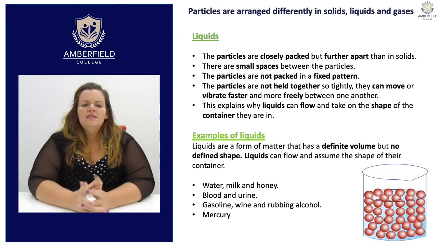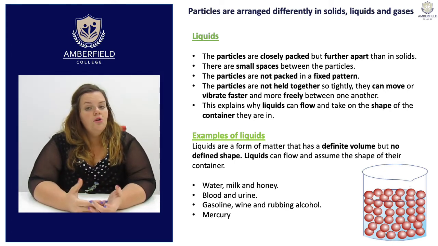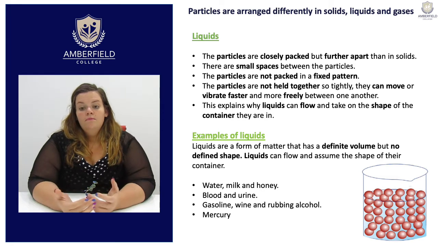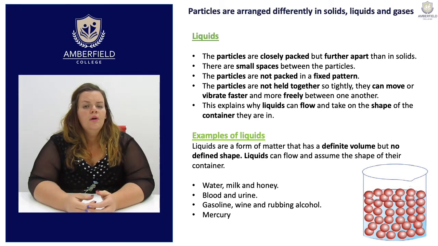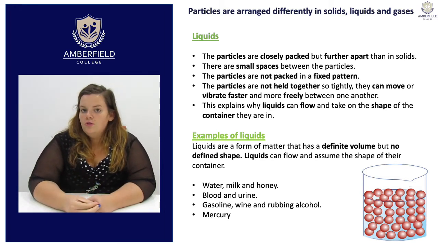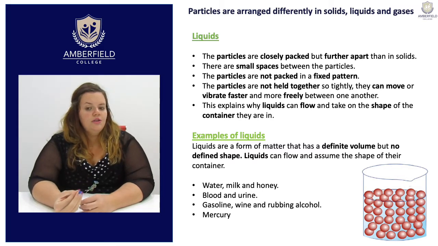Now, let's have a look at the different examples of liquids. Liquids are a form of matter that have a definite volume, but they definitely do not have a definite shape. So that is how they are different. They have a defined volume but no defined shape.